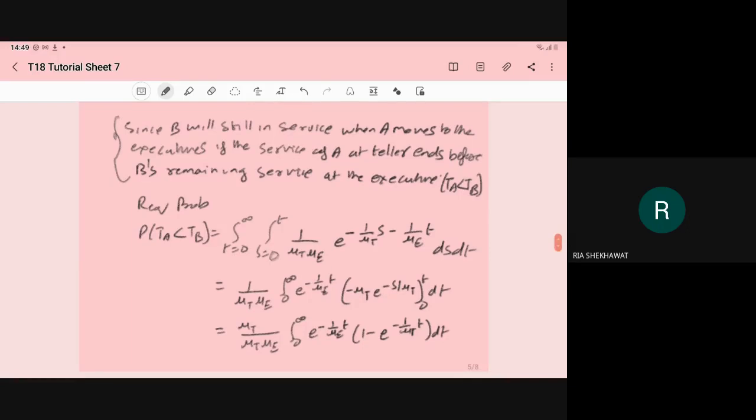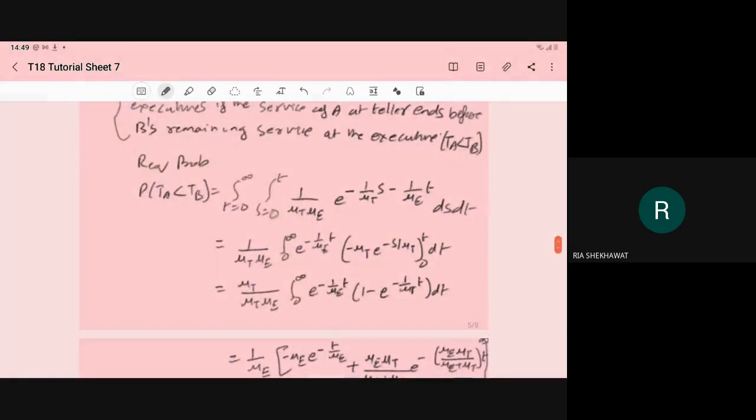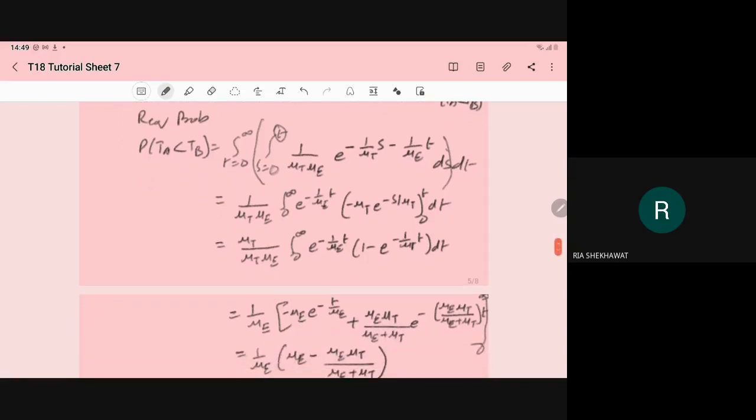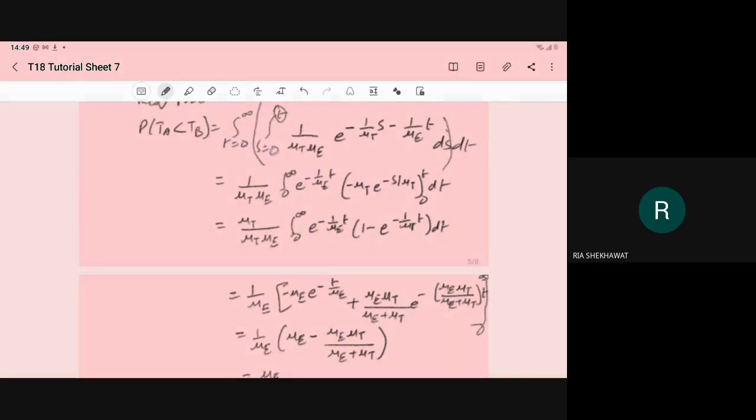When we integrate, first we have to integrate with respect to s, because the limit has t. Then we integrate with respect to t, because after putting the limit of s, t will come in the function.